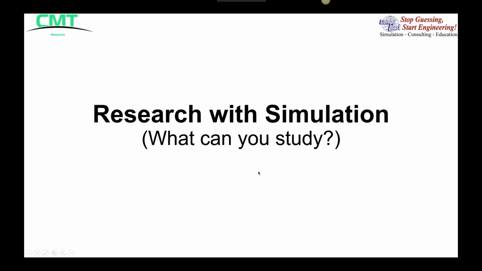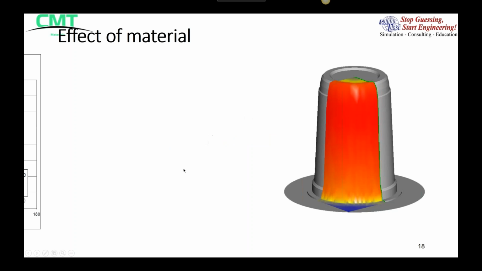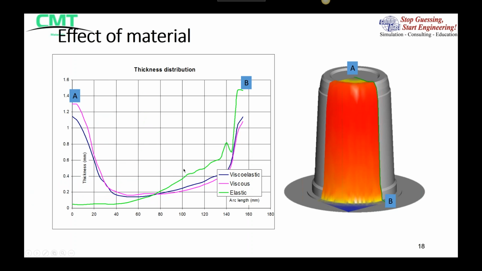So, what can you study? Well, the effect of the material is one area that you can investigate using the simulation. Here we show a plug-assisted cup, and you can see we're showing 1/4 of the geometry in the sheet.